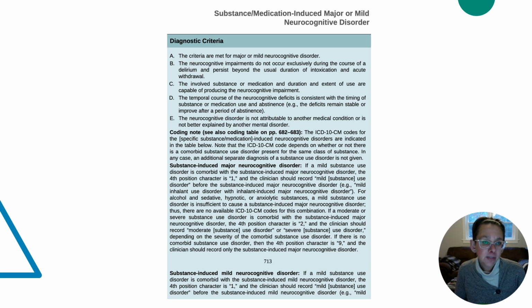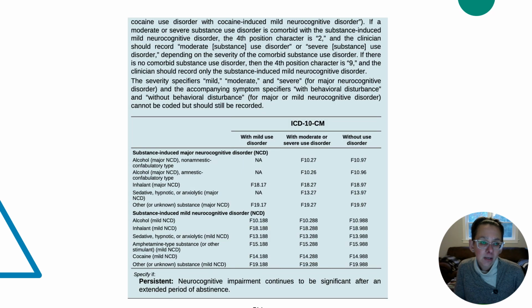That involves substance and medication, and duration and extent of use are capable of producing the impairment. Hopefully you're not the one giving that medication, and if you are, get them off of it, because we don't want them to have a cognitive disorder. So be aware that there is a substance medication-induced major or mild neurocognitive disorder. And coding.